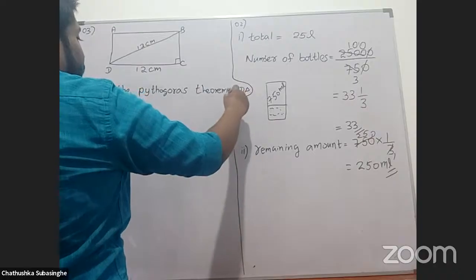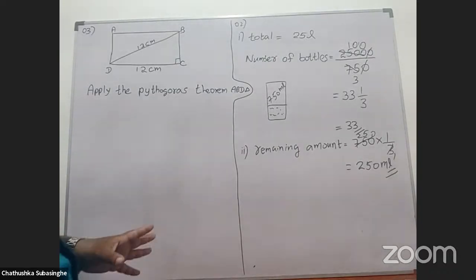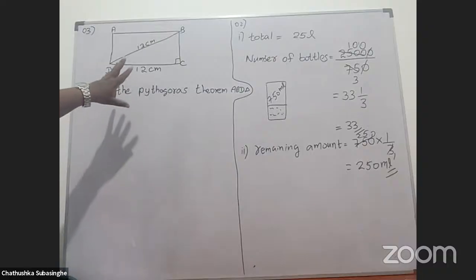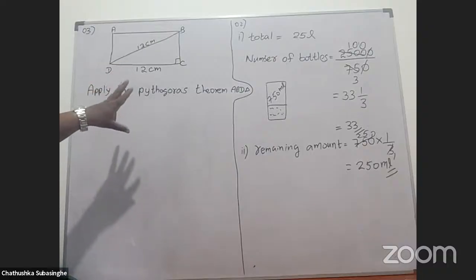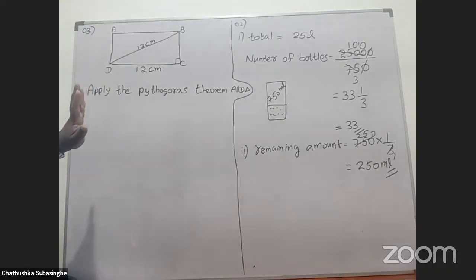Applying the Pythagoras relation to the triangle ABD, this is how I should apply, right? If you can't remember the Pythagoras relation, I will teach you now. We can apply the Pythagoras theorem only to right angle triangles, right?